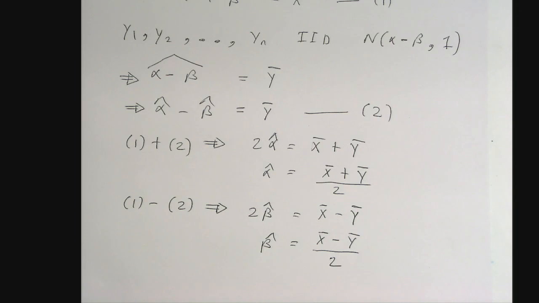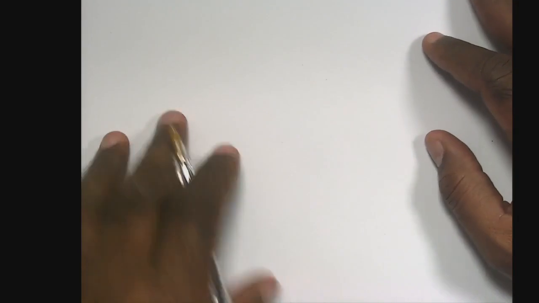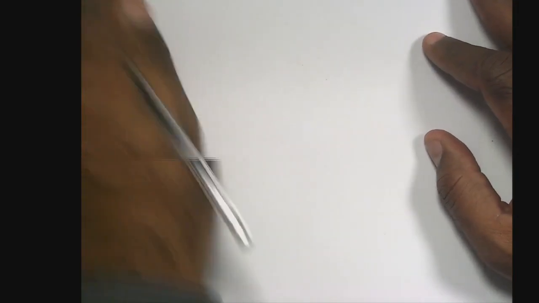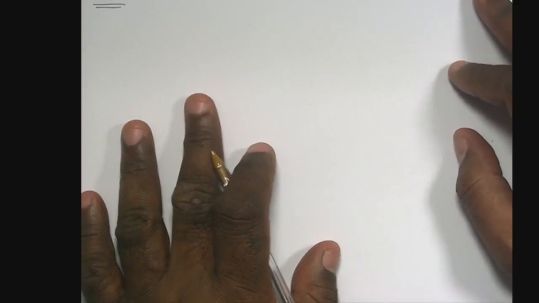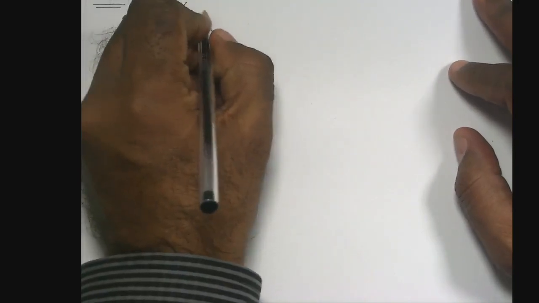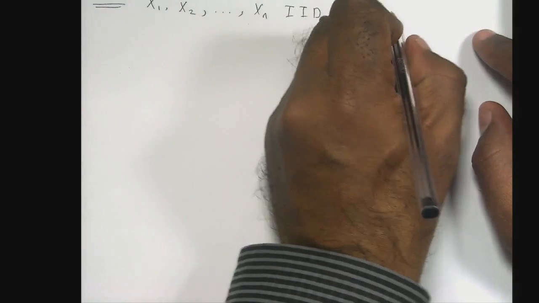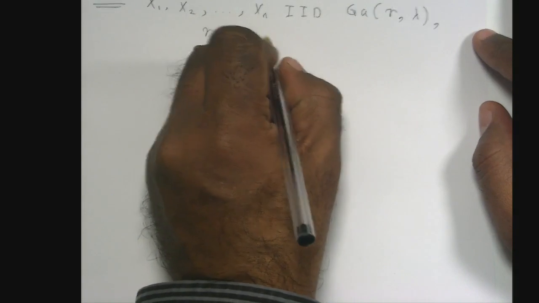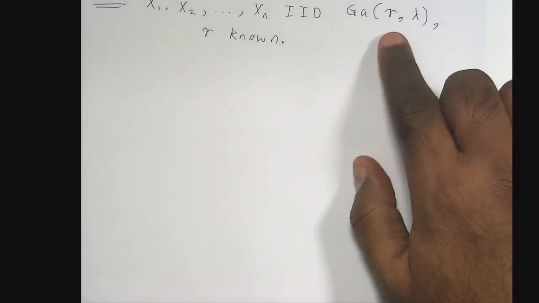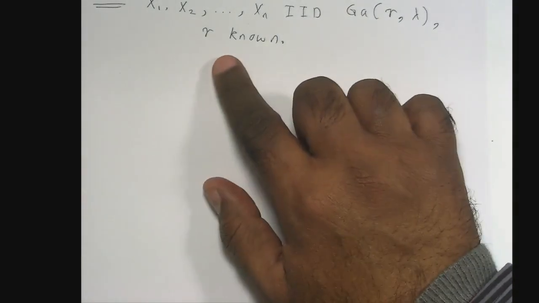Alright, then you guys start question 5. You have a random sample from a gamma distribution with these parameters, but we are assuming that the parameter r is known.